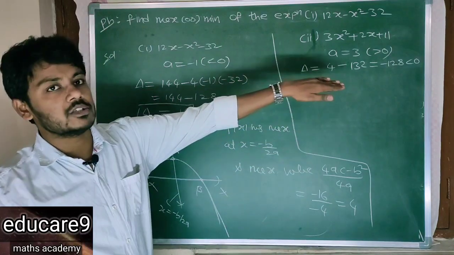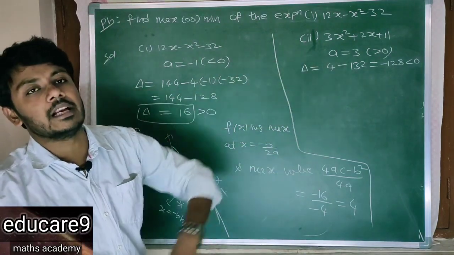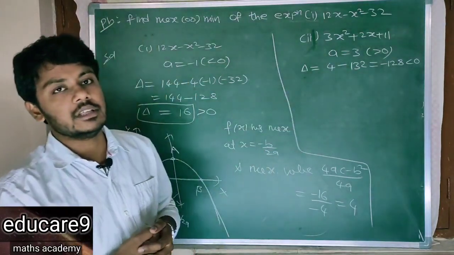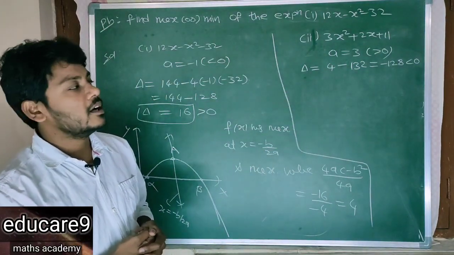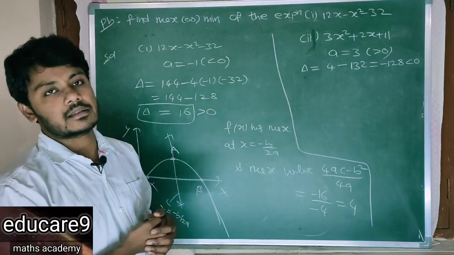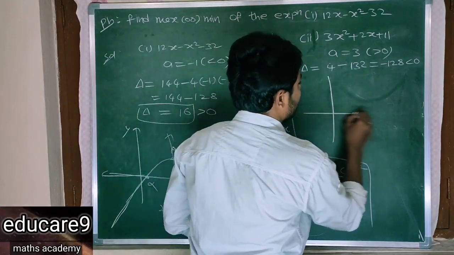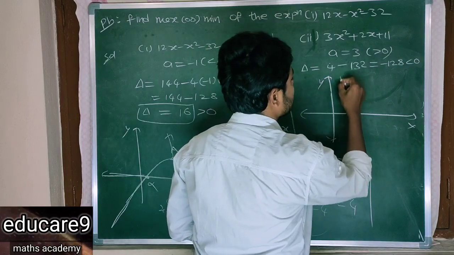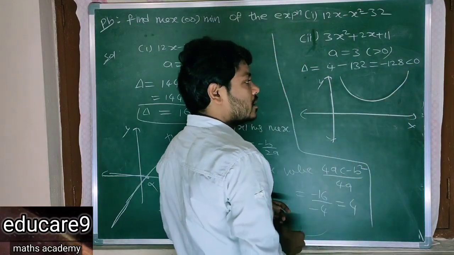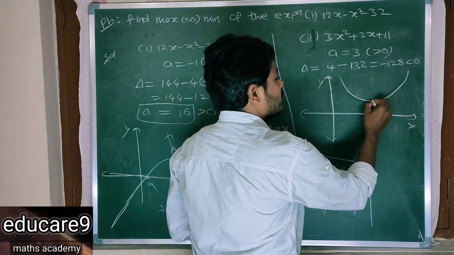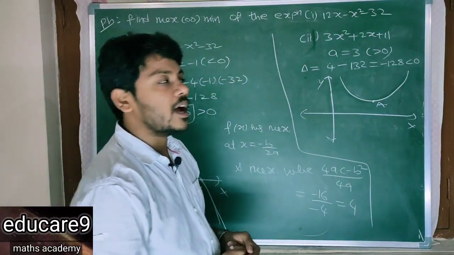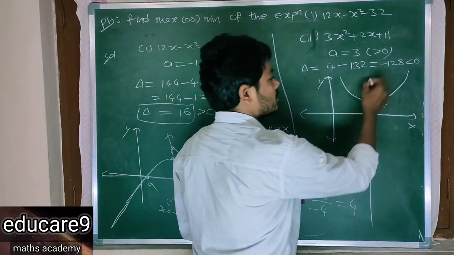A is positive, which means the graph represents an upward parabola, and delta is negative. In that case, the graph does not touch the x-axis. So this is our graph, x-axis, y-axis. So clearly this is the vertex of the parabola, and it has the minimum value at the vertex.